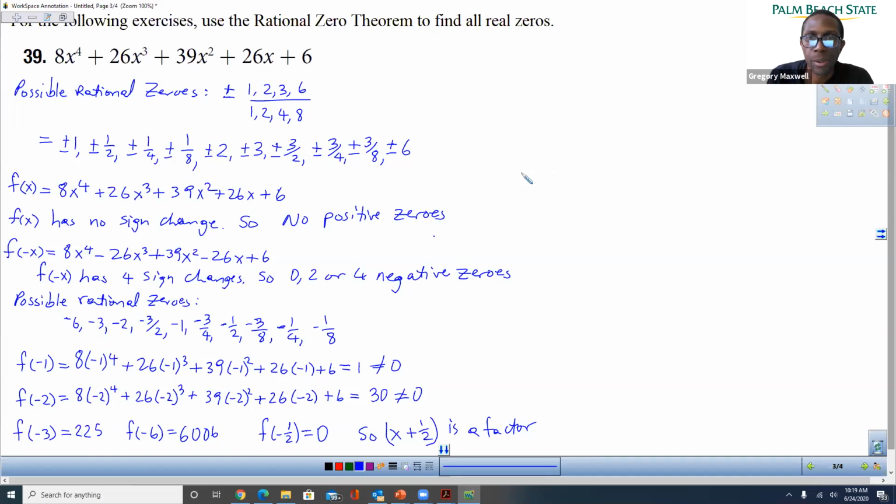So we're going to do f of x divided by x minus -1/2. So we have negative half and our coefficients 8, 26, 39, 26, and 6. And then I just drop the 8 first.